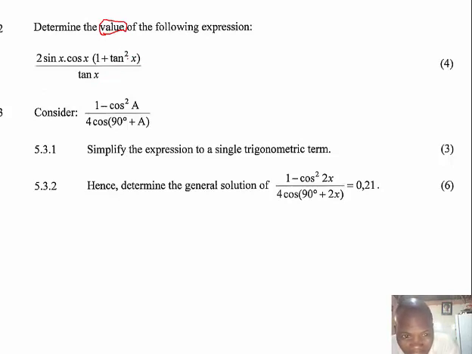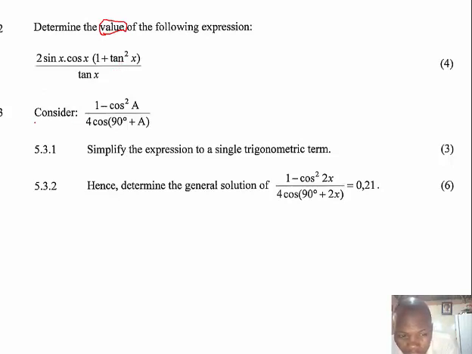Looking at this bracket, whenever I see 1 plus tan squared x, I note that I can turn this tan squared x into sine x over cos x, so sine squared x over cos squared x. Then it will be much more simplified because I can have some sort of 1 right here. I'll show you how, but firstly, this is the question we are going to be looking at today.